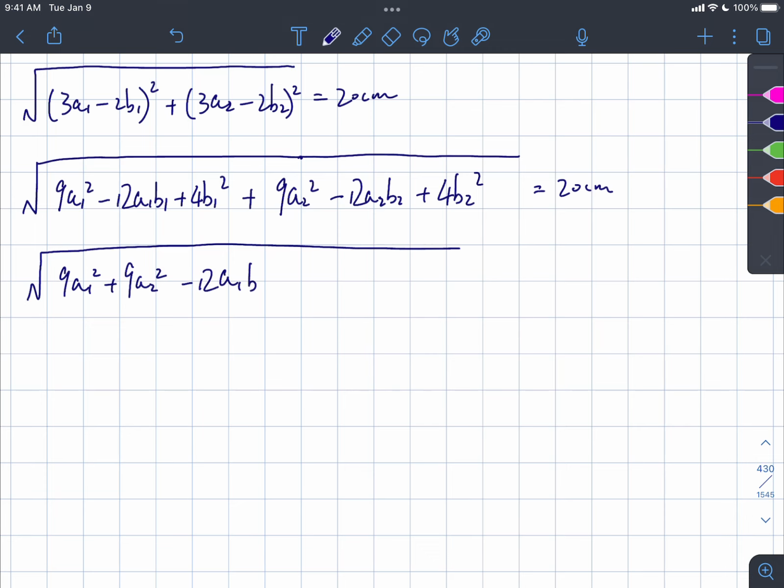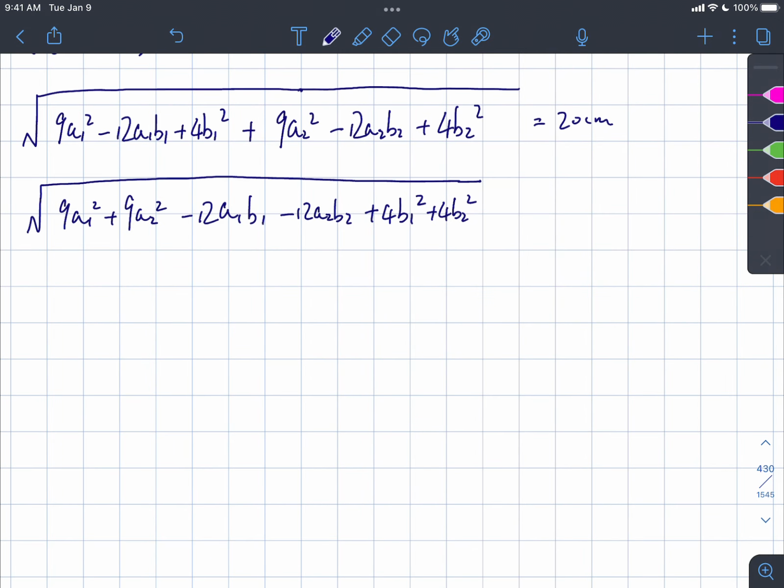So we'll put them together. And then the last ones are the terms with a coefficient 4. We'll group them together. And of course, all of this is equal to 20. But if you're feeling annoyed, you don't have to write that for now. But let's keep going.